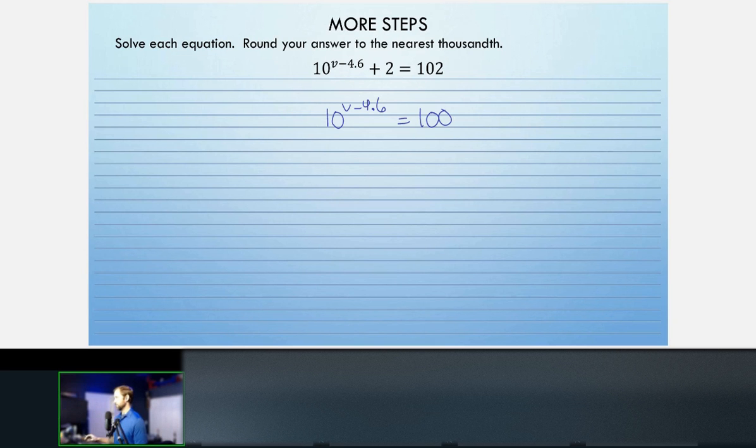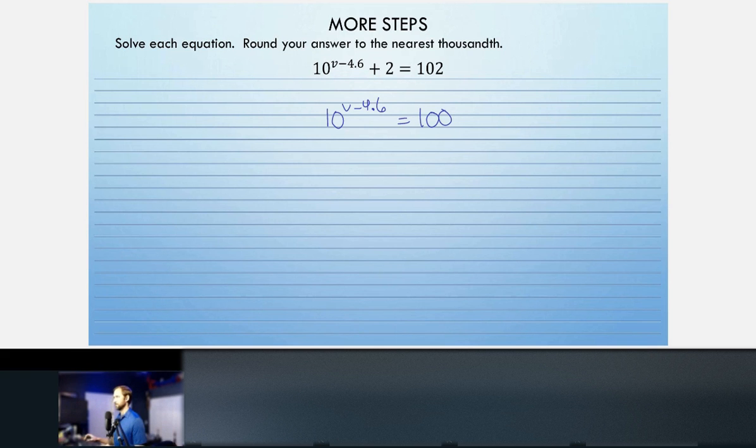Then what did everyone do? Natural log both sides. Enzo did log base 10 both sides, or he at least typed it in, right? Log base 10 of 100, or log 100 plus 4.6 in the end, right?